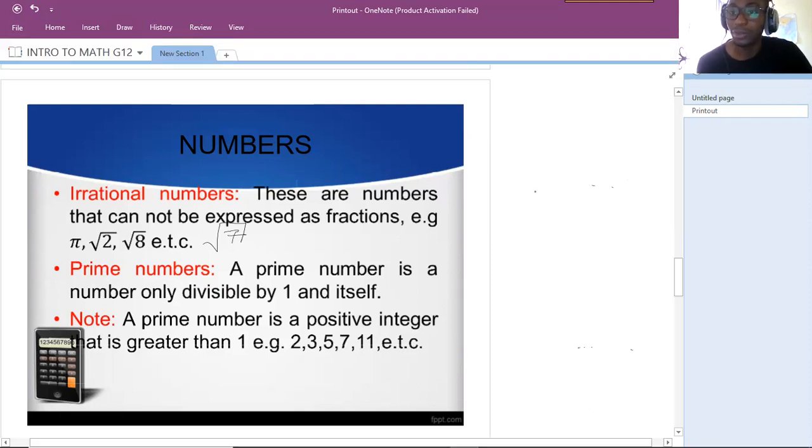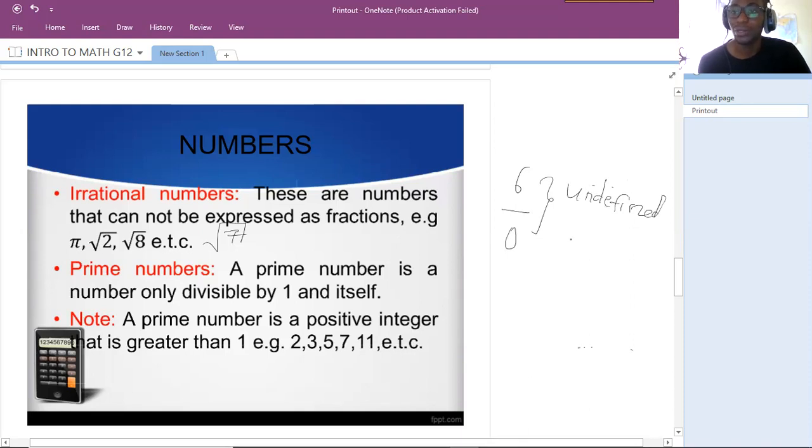If the denominator is 0, that number is going to become undefined. So the denominator should never be 0. If I say maybe 6 over 0, there will be no solution here, because what are you dividing 6 with? You're dividing it with nothing. So that becomes undefined.